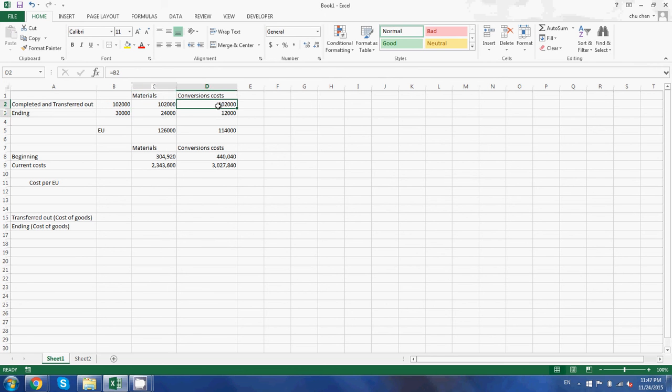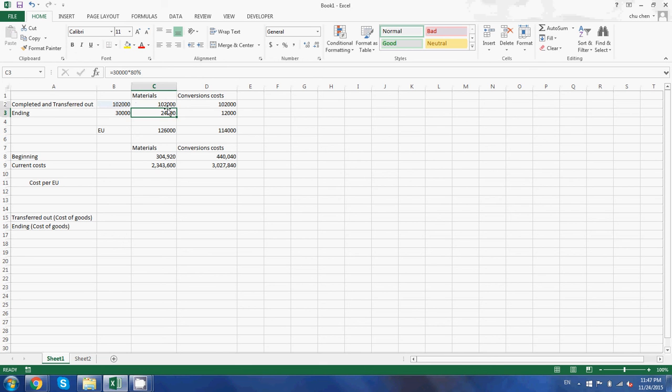For conversion costs, it's the sum of the transfer out and endings. Make sure you know that these four numbers are equivalent units. Since this one is 100% complete, what we do is use 102,000 times 1, or times 100%. You're going to get the same thing.